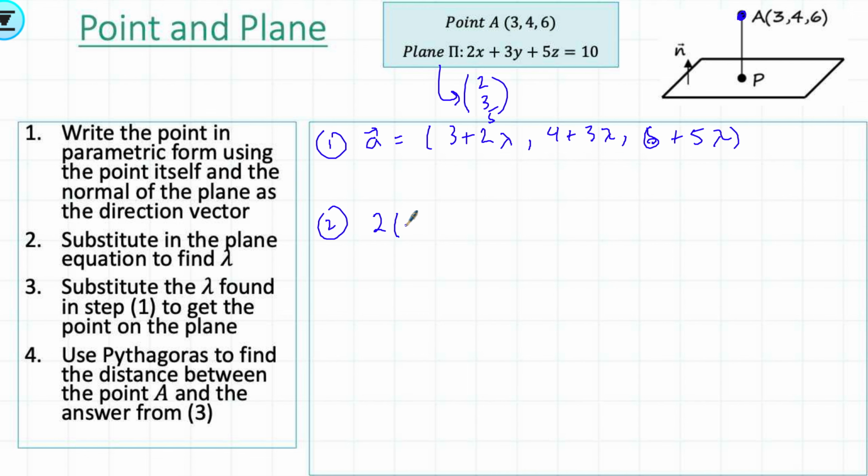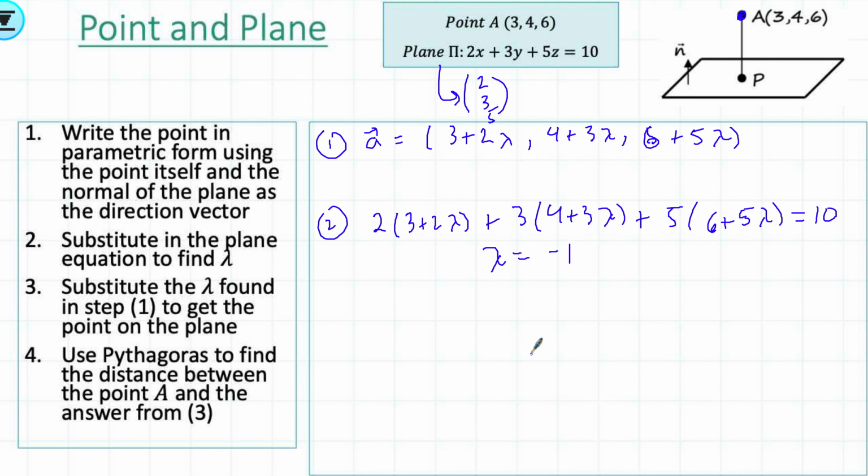So by substituting in, we will substitute in the equation of the plane here, 2 times (3 plus 2 lambda) plus 3 times (4 plus 3 lambda) plus 5 times (6 plus 5 lambda) equals 10. And by solving that, it will give you lambda as negative 1.